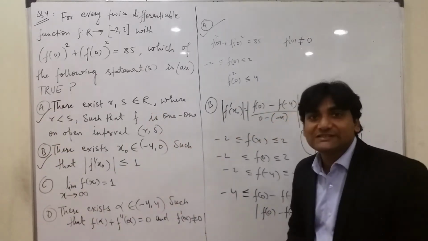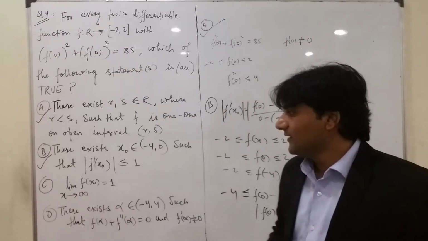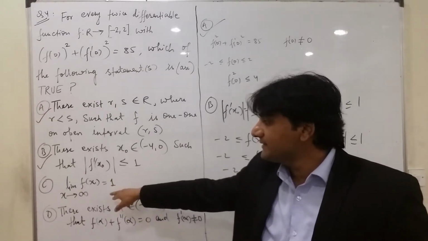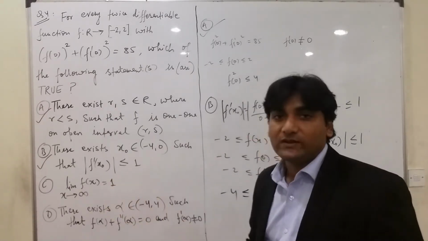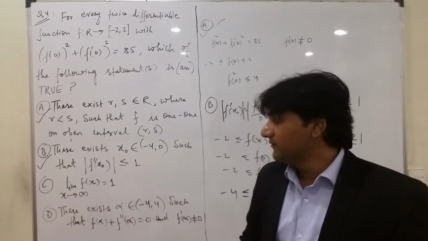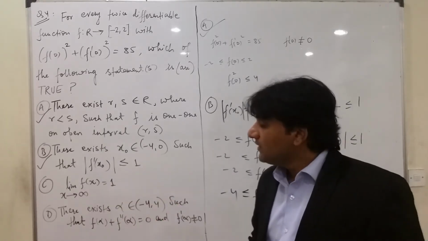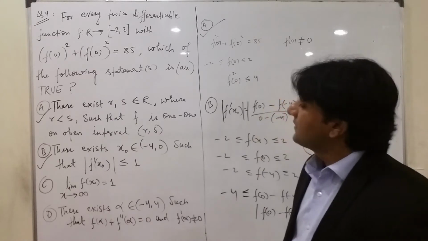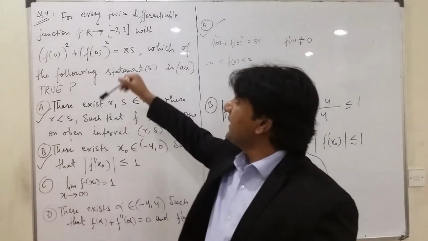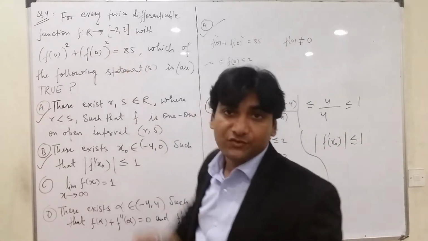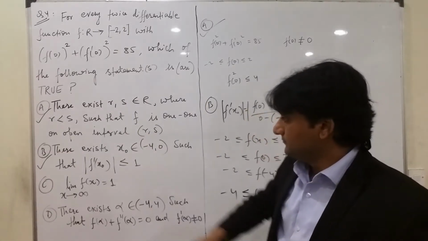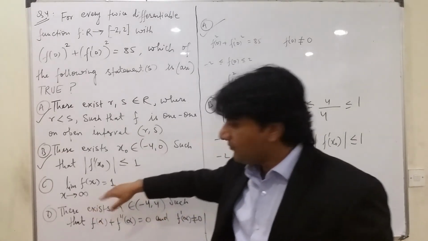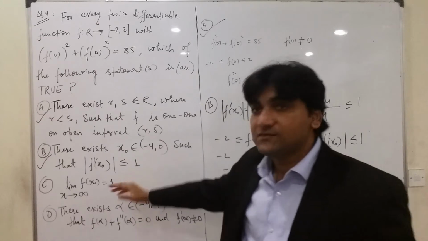Now come to option C. What is that? The limit of f of x as x tends to infinity equals 1. We have to check whether this is right or wrong. Now we are considering f of x is bounded, right? It lies between -2 to 2, but when x is approaching infinity, the value is 1.